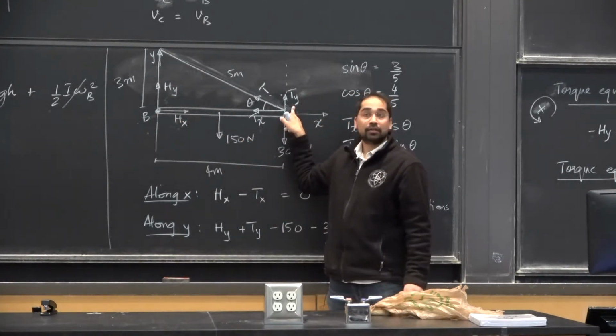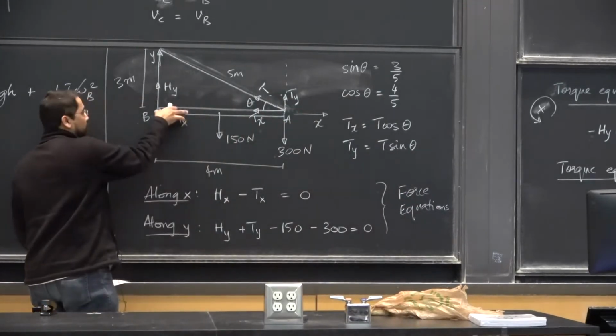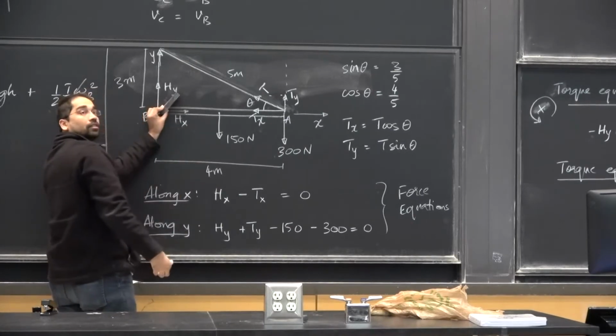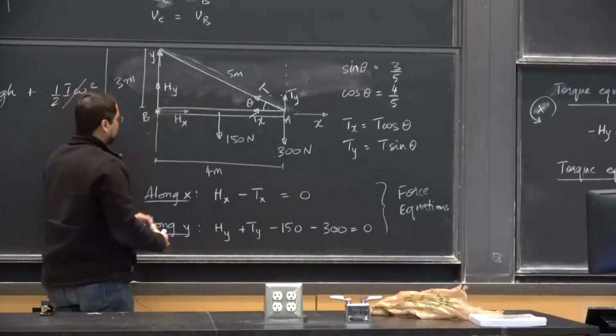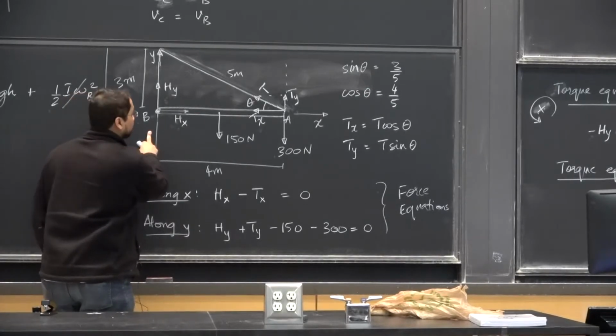Ty? Ty, yes. Is it a counterclockwise or a clockwise torque? Counterclockwise, because the beam is fixed here. Ty acts upwards, so it's going to try and turn the beam counterclockwise. How far is it from B? 4 meters.